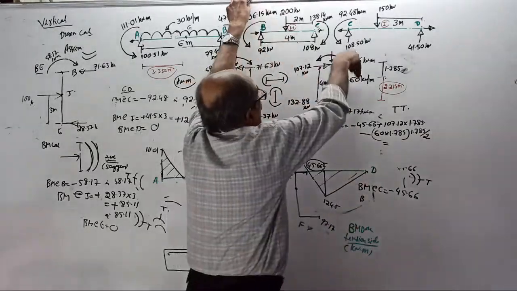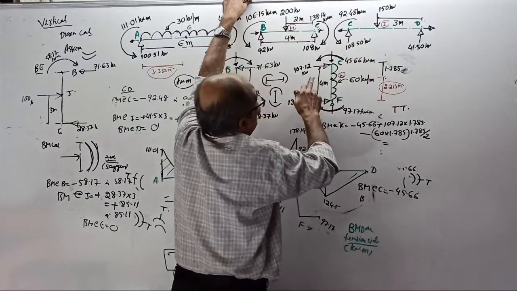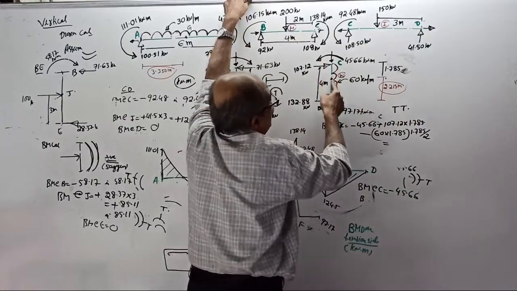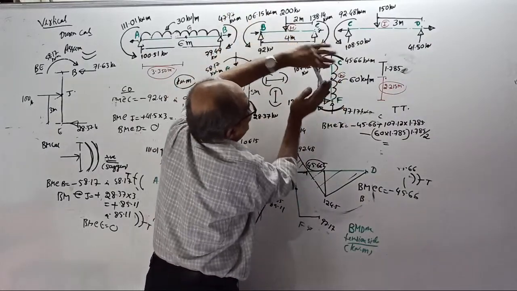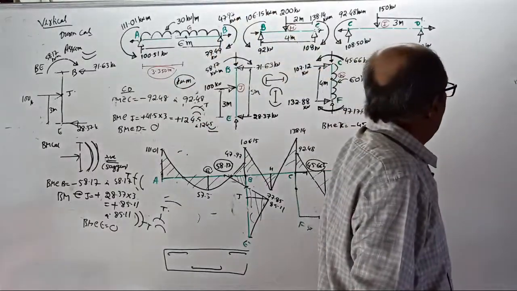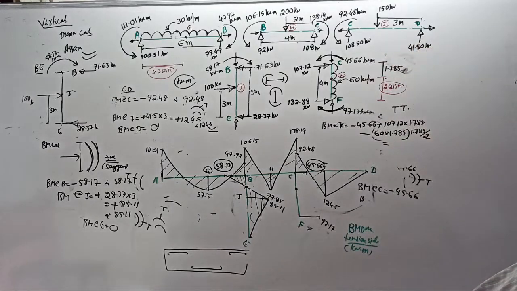Minus 45.66 plus 101.12 into 1.785 minus 60 into 1.785 into 1.785 by 2. Or like a simply supported beam, you stand here, minus plus. What is the answer?